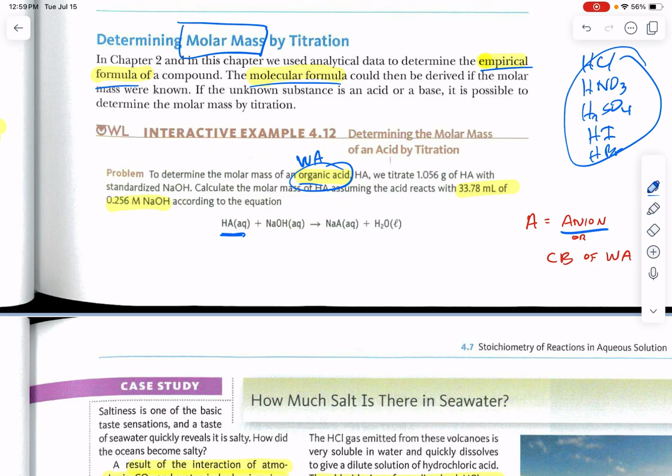And the A is also going to be the conjugate base of the weak acid, or the conjugate base of the strong acid, depending on what acid you're given. So here's my acid, here's my base. We're going to get a salt. And again, the A here is my anion, where the sodium is the cation in the salt. And here's the driving force of the reaction, which is that water.